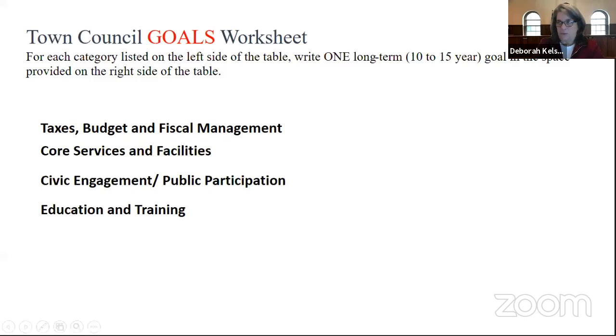So the goal would be to maintain the level of public participation, or the access the public has to participate, that we're currently enjoying. Yep. So it's sort of leveraging technology to support convenient and accessible policymaking.